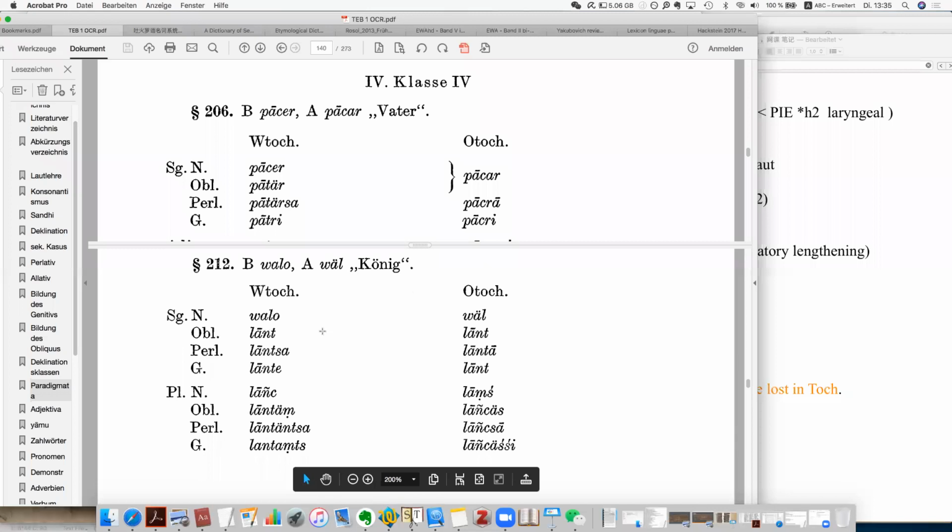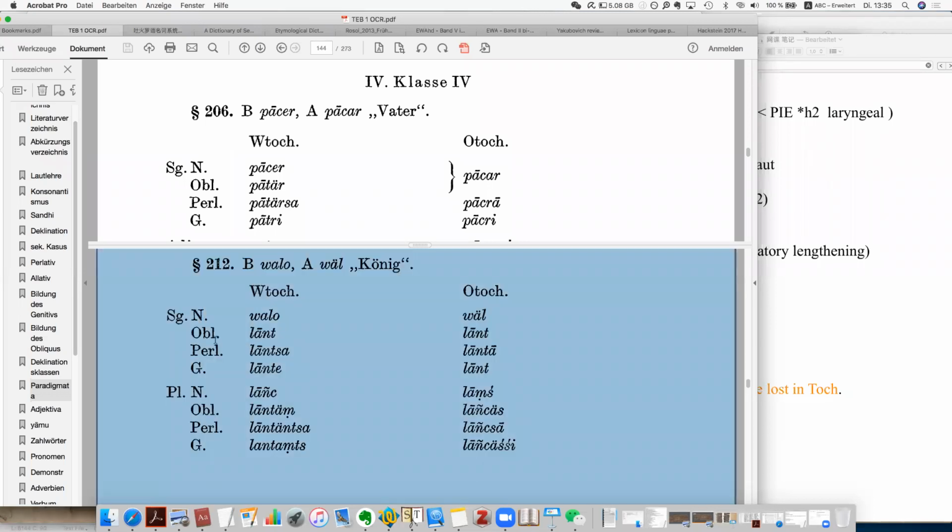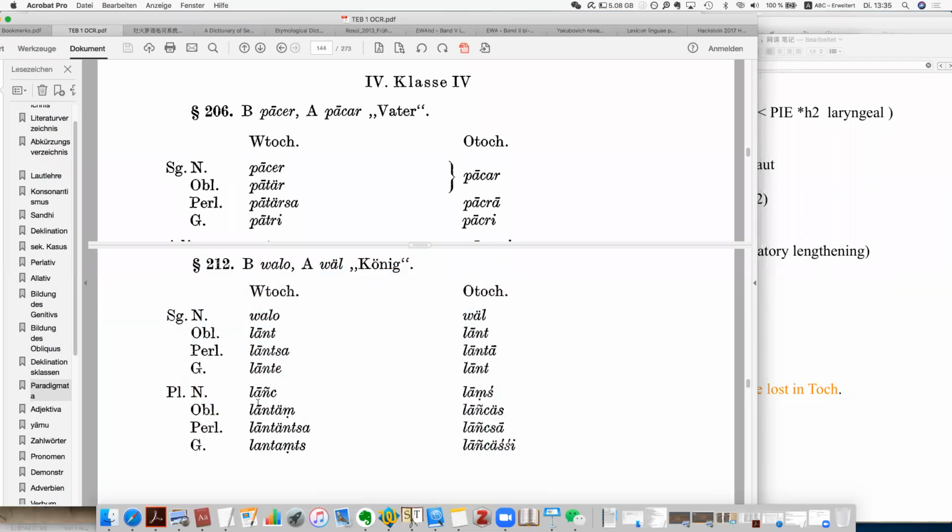The king word looks a little bit strange because the nominative is called waro, but the ablative and all the other forms are called lant, lanta, lante, and so on. And then in Tocharian A, again, lant, lanta, and so on.